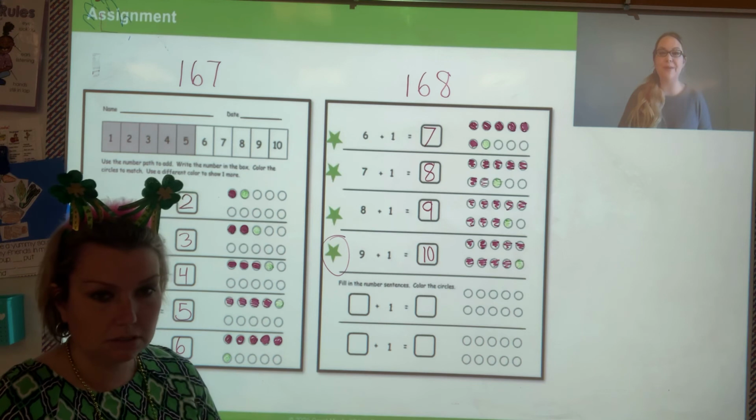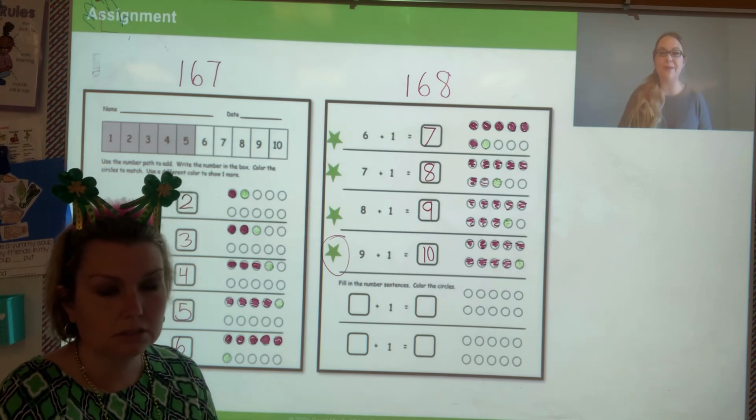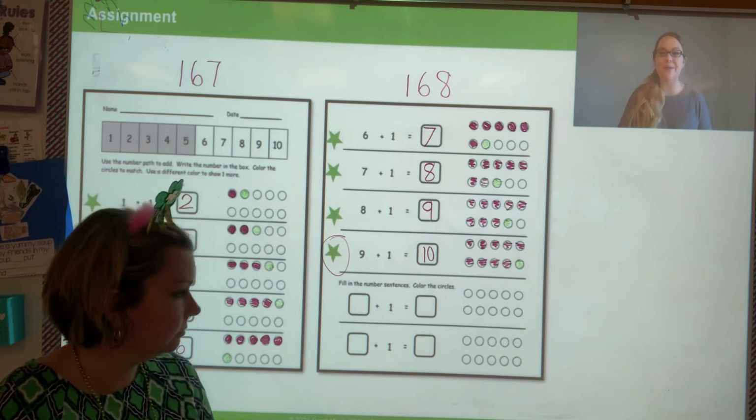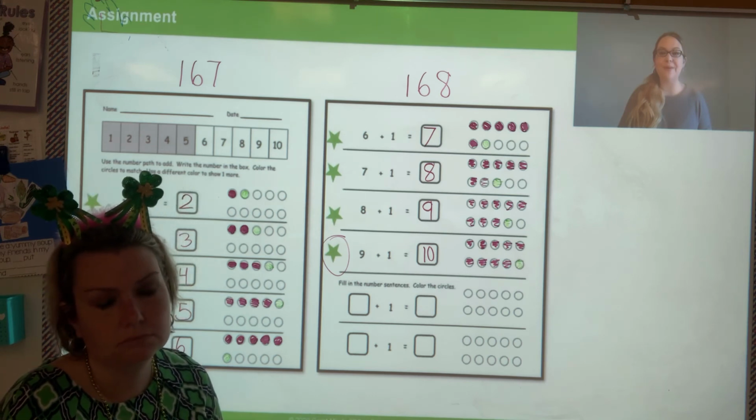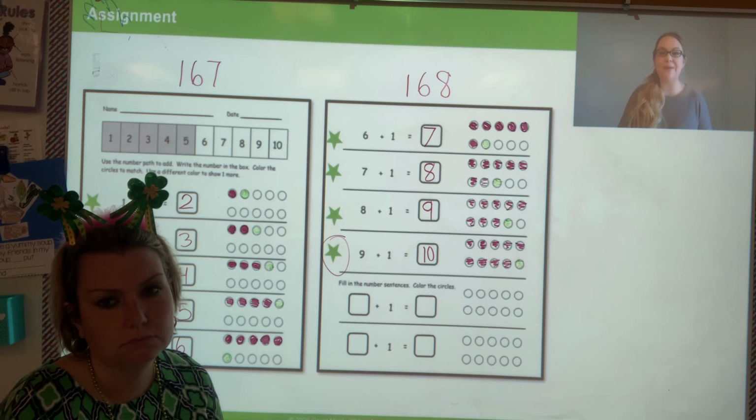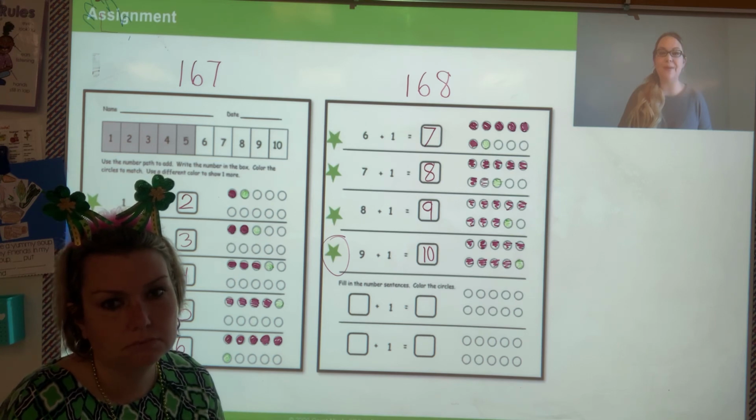But 1 more makes 10 is 9, and I only did 9 in the first one.